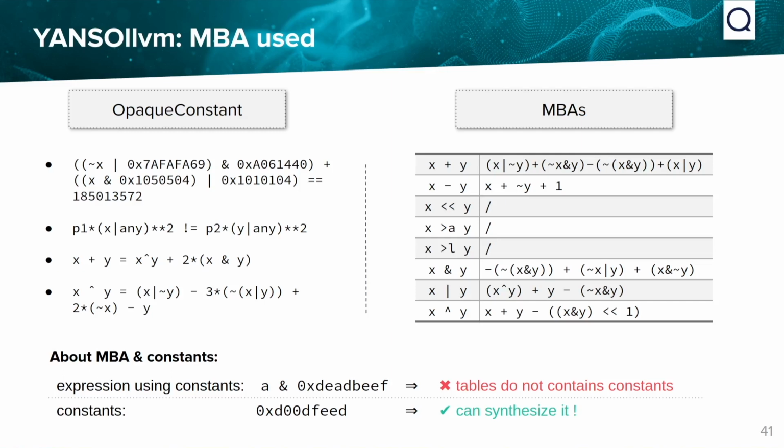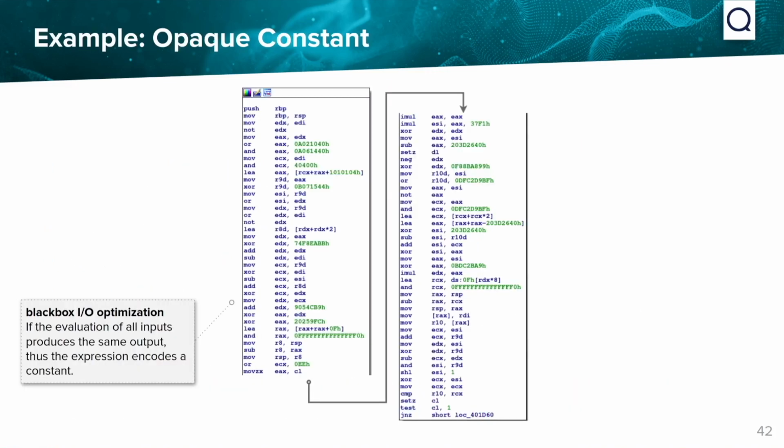But what we can do is synthesize constants themselves. An opaque constant is going to take a constant, introduce some spurious variables, and perform some MBAs to compute the constant. But we can synthesize it. This is a small example that we have generated through Yanso LLVM.